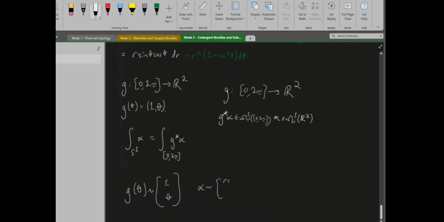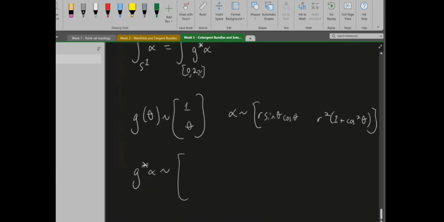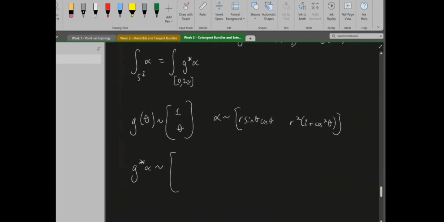And I get r sine theta cosine theta. And I should do it as a covector, right, because it's a differential form. And then the second component is r squared times 1 plus cosine squared theta. Okay. Well, what is G star alpha then going to be? You take G, let's see.